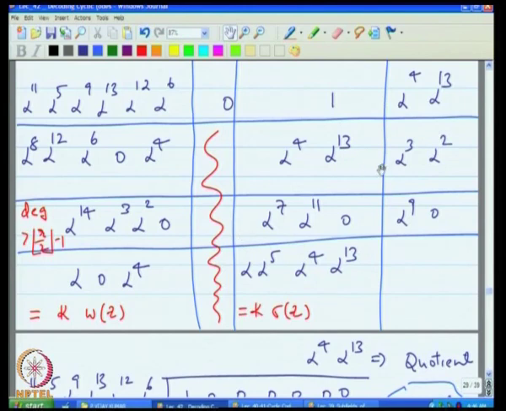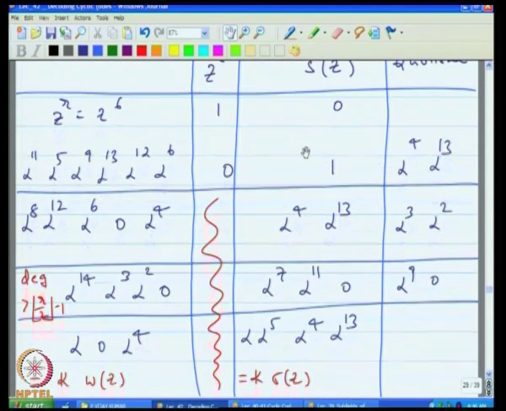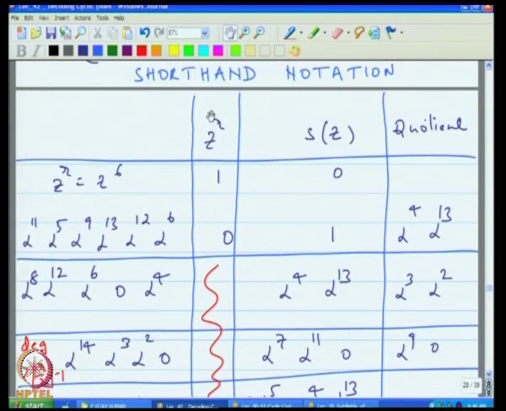Let me just make this clear, let me copy this page, where I can put some markings on it.